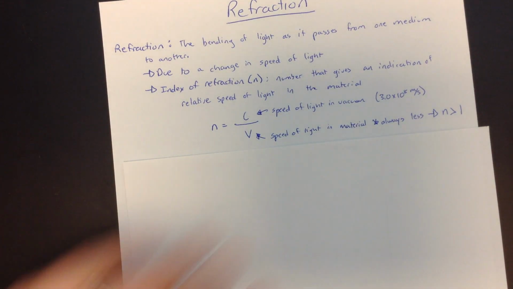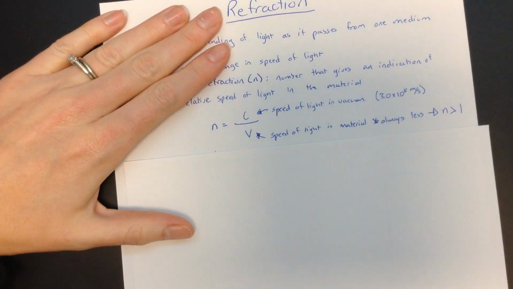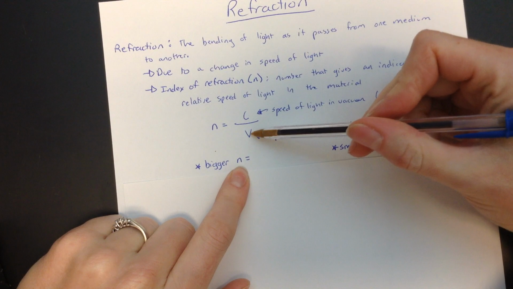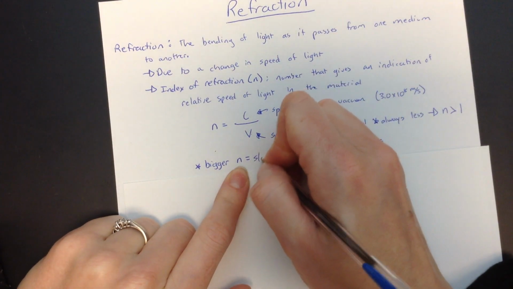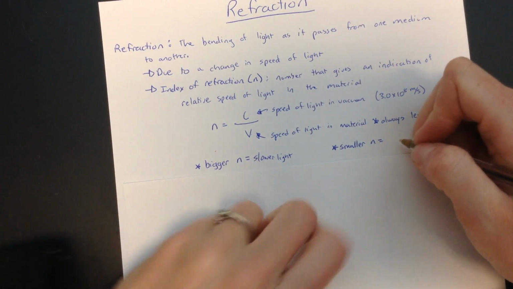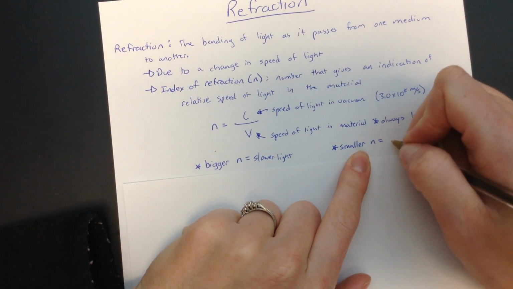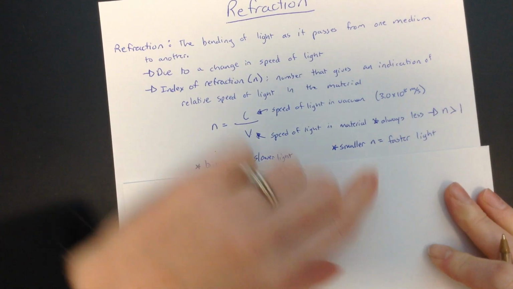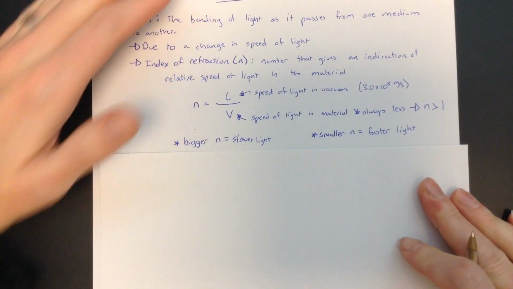Some information about what that means: the bigger your n is, the smaller the speed in the denominator, so you have slower light. The smaller your n is, the bigger the speed, so you've got faster light in that medium.